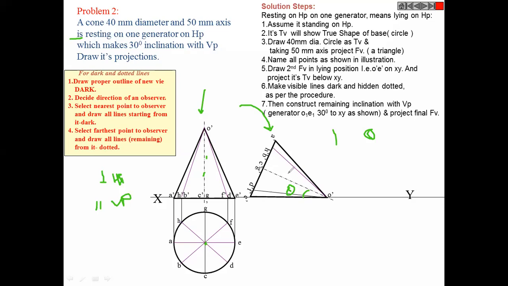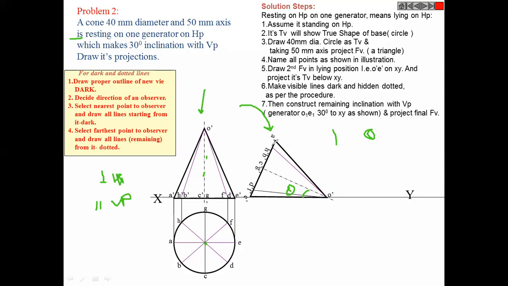At times it is given that the top view is making a certain angle, and at times that the axis is making a certain angle, and you need to use the locus method to find that. Here it is still parallel to VP.